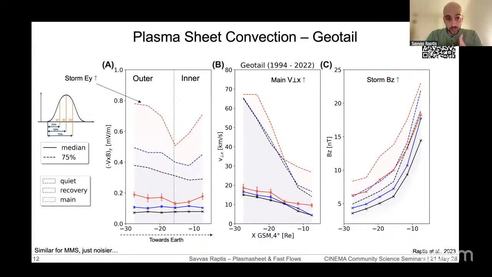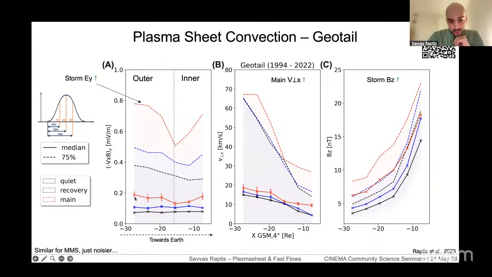The first thing we did with the Geotail data was to try and see what are the differences in terms of convection. So we looked at EY and equivalently at the perpendicular to the magnetic field earthward velocity and BZ component. And what we found was that basically throughout the whole magnetotail, which you can see the distance in the x-axis, the convection electric field is elevated.